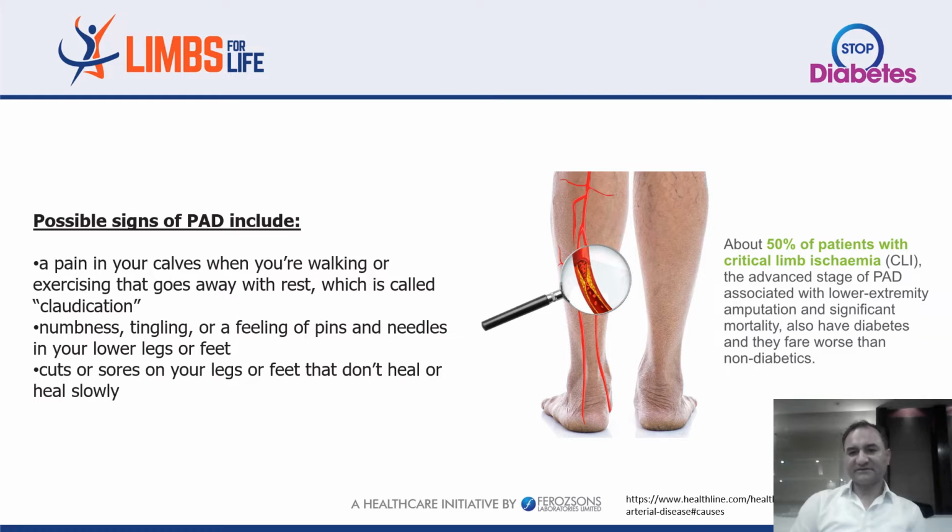About 50% of patients with critical limb ischemia, the advanced stage of peripheral arterial disease associated with lower extremity amputation and significant mortality, also have diabetes, and they fare worse than non-diabetics. So critical limb ischemia is basically a condition where the limb is not getting any more perfusion, and thereby it has hypoxia.